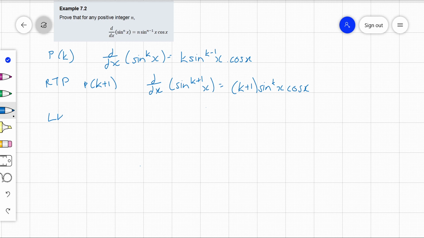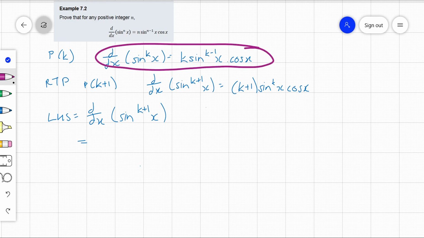So again, let's use our left-hand side and have a look at what we've got here. So we're doing d/dx of sine to the k plus 1 x, and we want to use our assumption here, which has sine to the power of k x. So again, we'll change that to sine x times sine to the power of k x.